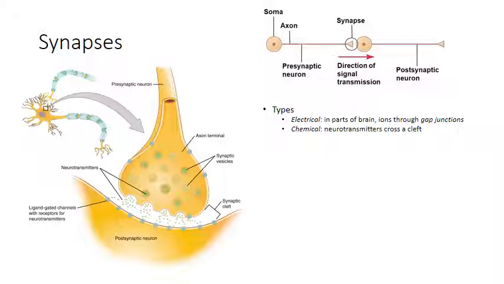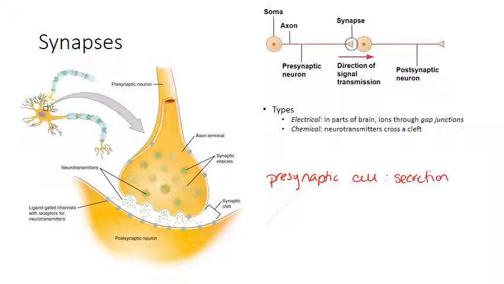When we have two cells communicating with each other, one of them is going to be the presynaptic cell. One of them is going to be the postsynaptic cell. A presynaptic cell is going to be the cell through which the nerve signal is moving and the cell that is doing the secretion.